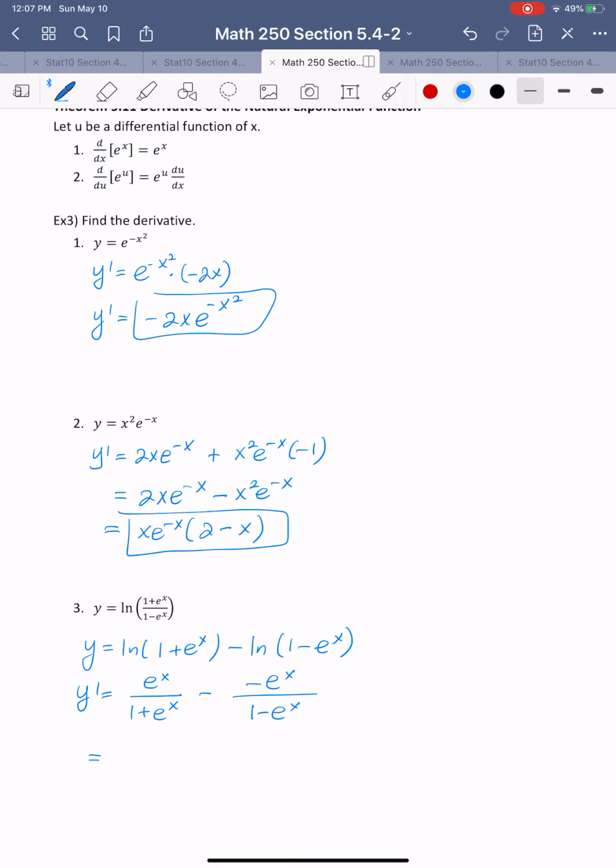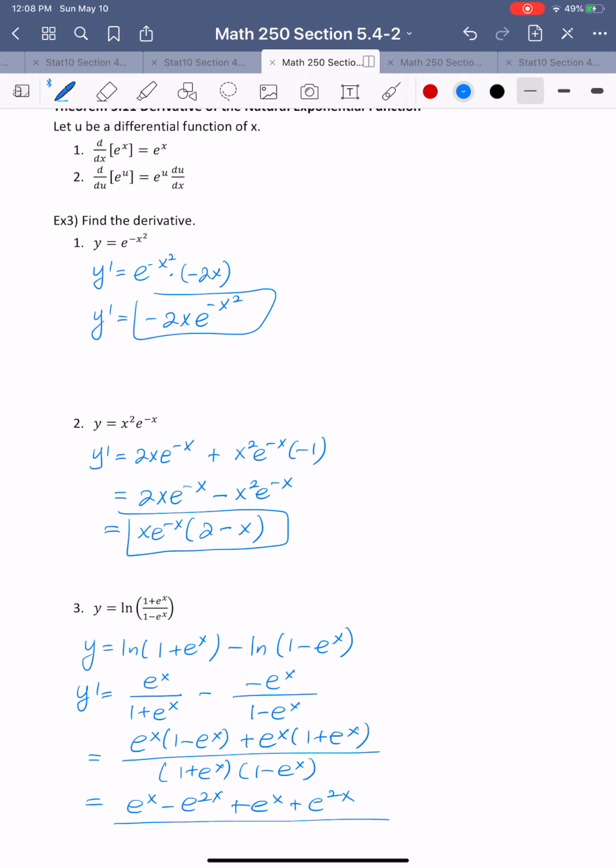And then if you put together, I get over 1 plus e to the x times 1 minus e to the x: e to the x times 1 minus e to the x plus e to the x times 1 plus e to the x. And then when you distribute, e to the x minus e to the 2x plus e to the x plus e to the 2x over 1 minus e to the 2x. Then this cancels. You get 2e to the x over 1 minus e to the 2x. Okay, so that's number 3.